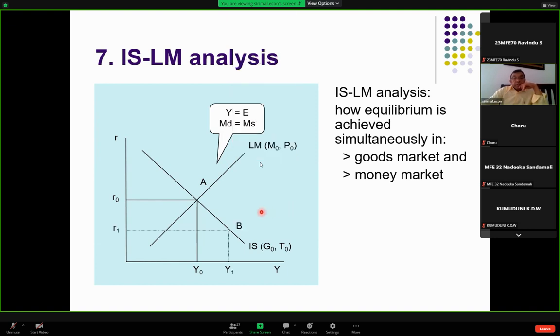For example, we take a point like point B. What is the status of the economy at point B? We know that the interest rate is R1, output level is Y1, and point B is on the IS line. That means the output market is in equilibrium. But point B is not on the LM line, which means the money market is not in equilibrium.